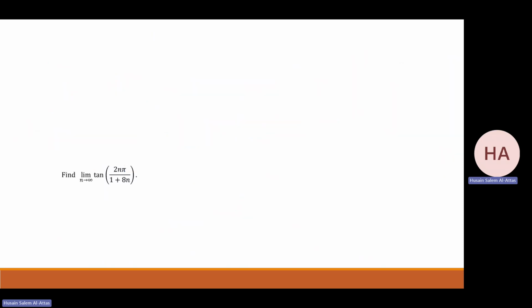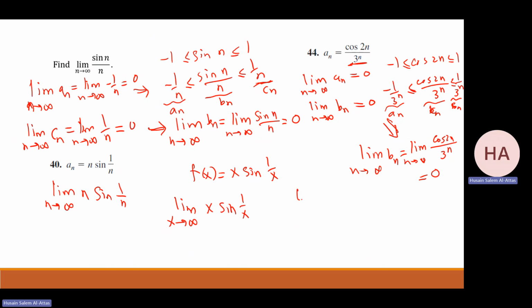I will do this trick. I let t equal 1 over x. Then I change everything in terms of t. That will be the limit. If t equals 1 over x, that means x is 1 over t. That will be sine t.